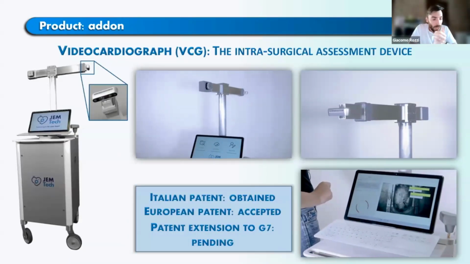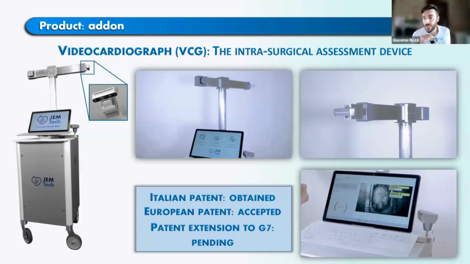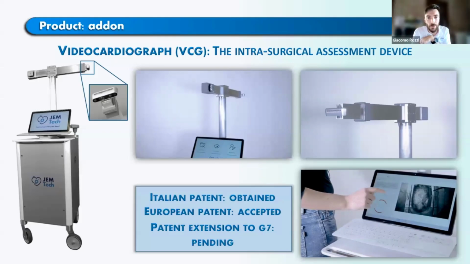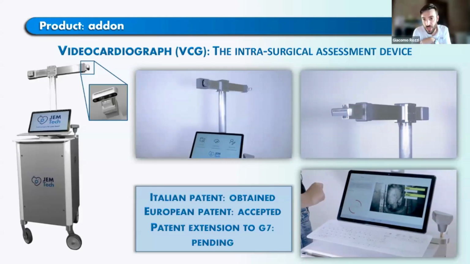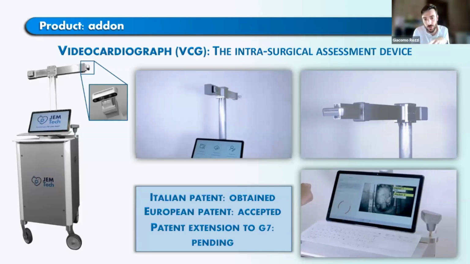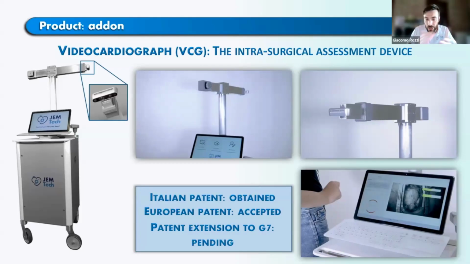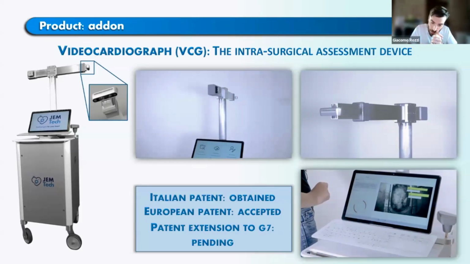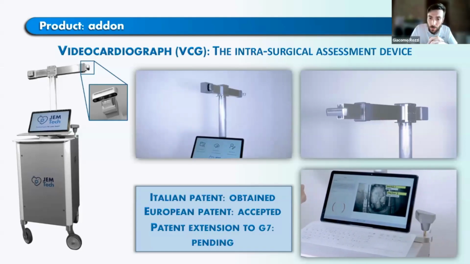Getting to the third pillar, the technical aspect, we have created the device. This device is able to bring a 3D camera above the open chest during surgery, so that we are able to record the heart as you previously saw on a swine model.